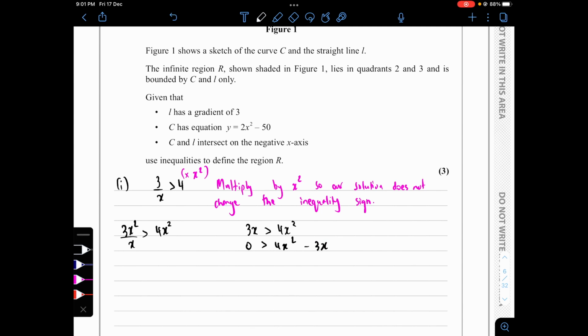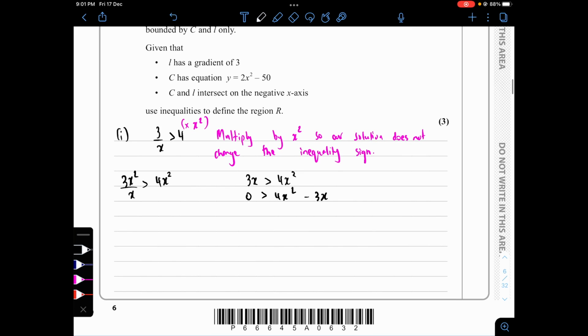Now this is a quadratic inequality. Now how do we solve them? We need to first make this into an equation, not an inequality. So this will become 4x squared minus 3x equals 0. We take x as the common factor, so x, 4x minus 3 equals 0.